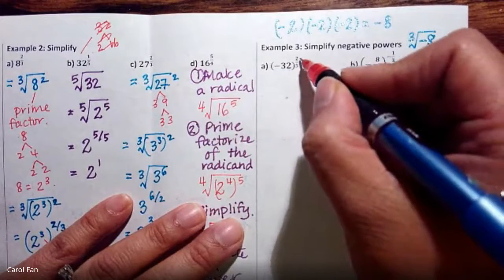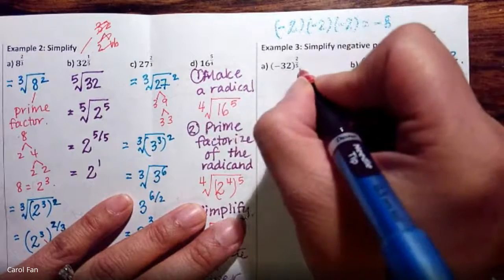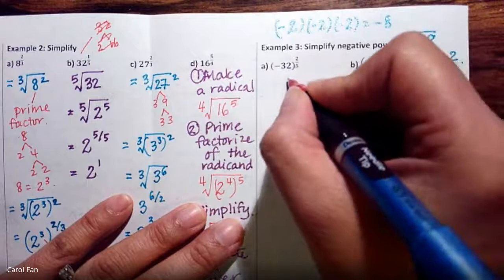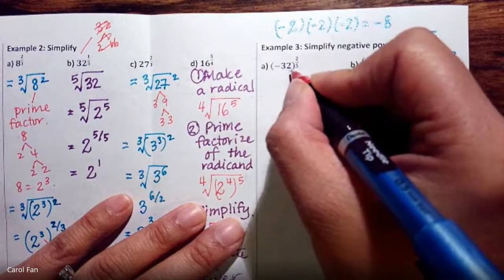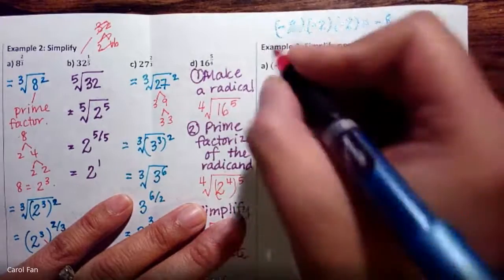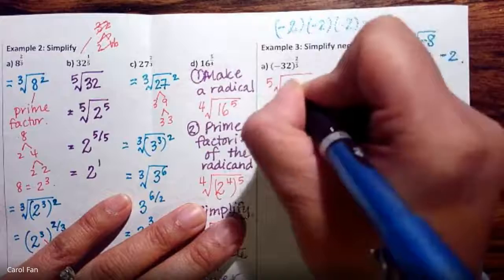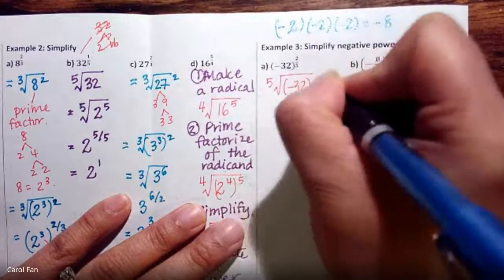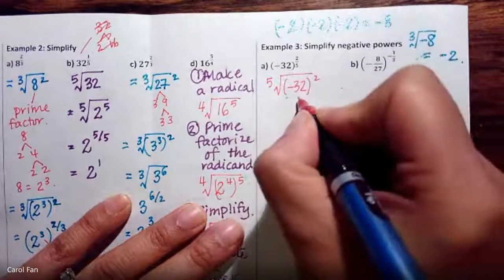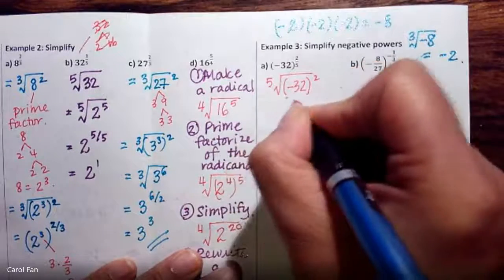(-32) all to the power of 2 over 5. Now, because the base is in a bracket, I know that negative and the 32 is all raised to the power 2/5. So let's simplify this. I have 5th root of (-32) squared. I'm going to do the prime factorization of my radicand now.